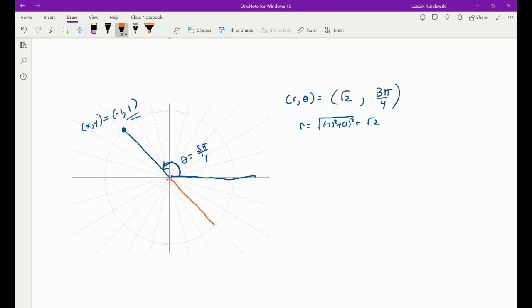So what I want to do is add pi to theta to get to the diametrically opposed radial direction. So half a revolution is 180 degrees or pi radians. And replace this radial measure with the negative of it. Right? So the negative square root of 2.